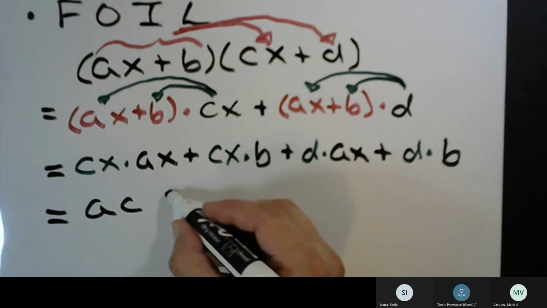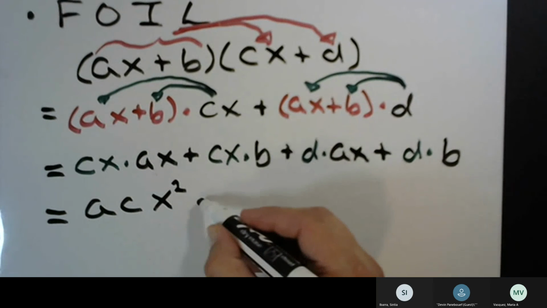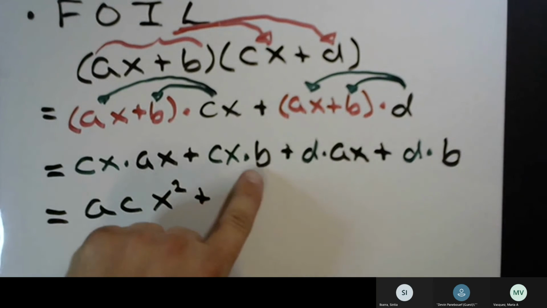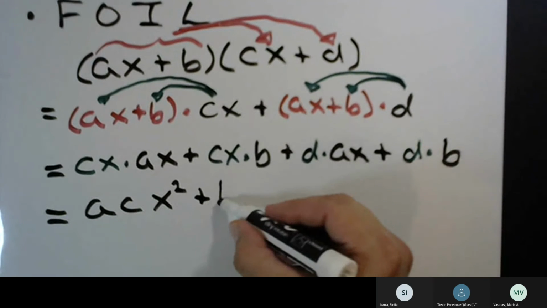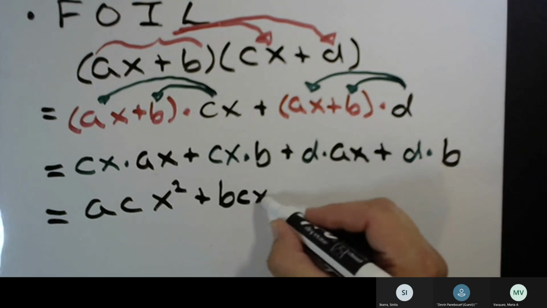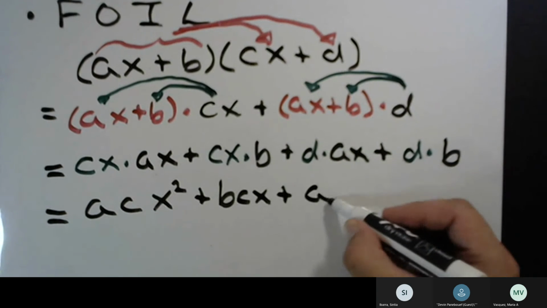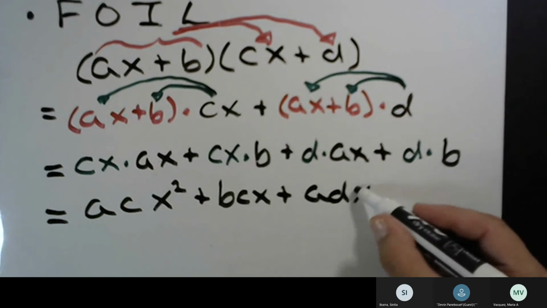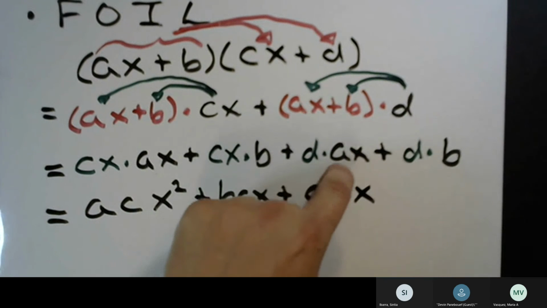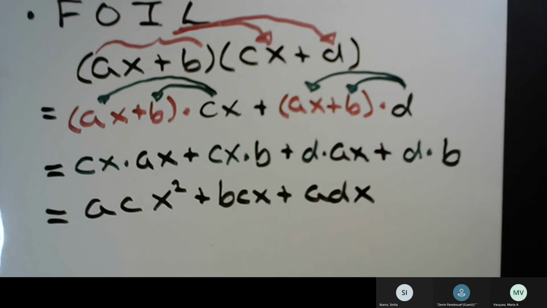X times x is x squared. B times c times x plus a times d times x. I can switch the order on these if we want. A times d, d times a, multiplication, the order doesn't count.